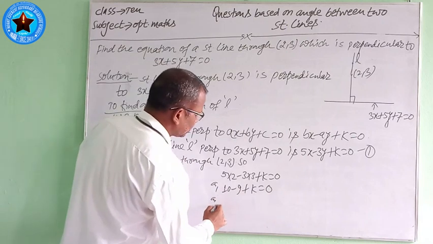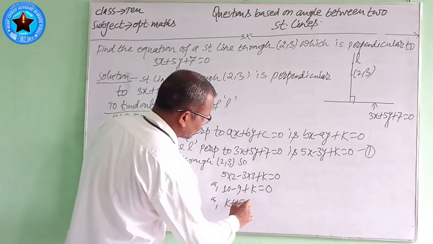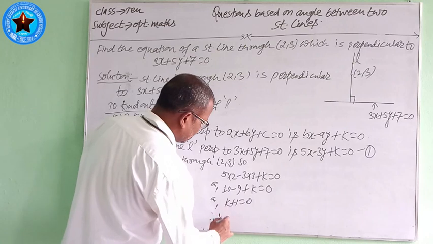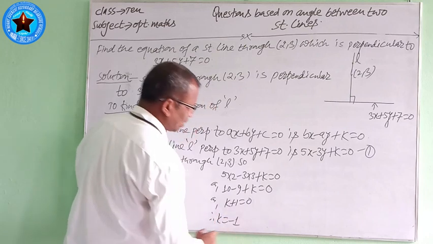It gives us k plus 1 equals 0, therefore k equals minus 1.